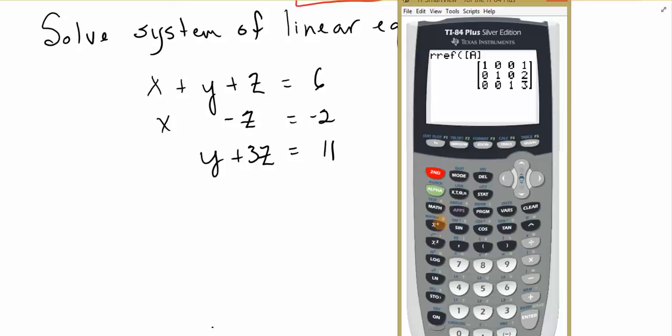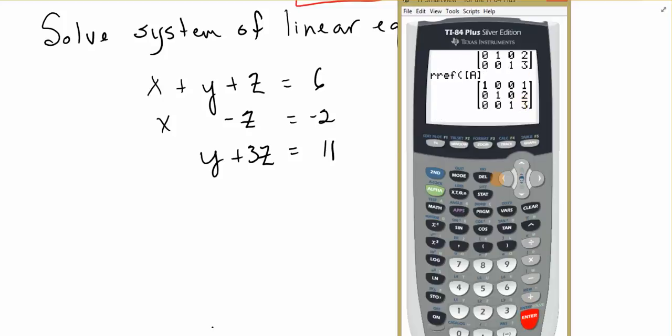Second matrix math, and we'll choose RREF. It's really quicker to go up. So once you're on RREF, you hit enter. We go back in and get the name of the matrix and hit enter, and enter one more time, and you should get 1, 2, 3.